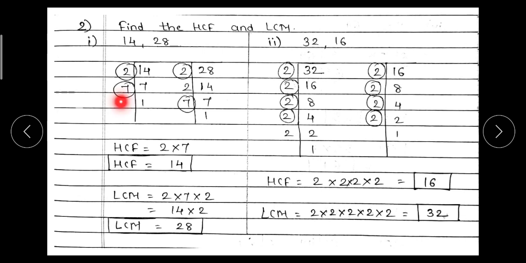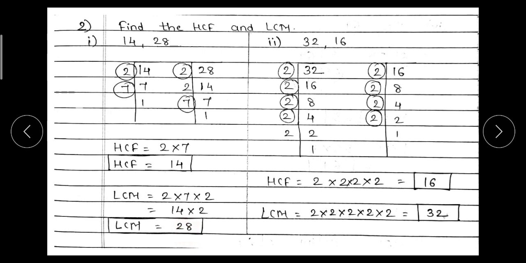Can you see any uncommon number in this? Yes, this 2 is uncommon. So write 2 also. So we have written 2, 7 common numbers and 2 uncommon number. Now calculate. 2 sevens are 14, 14 twos are 28. So the LCM is 28.